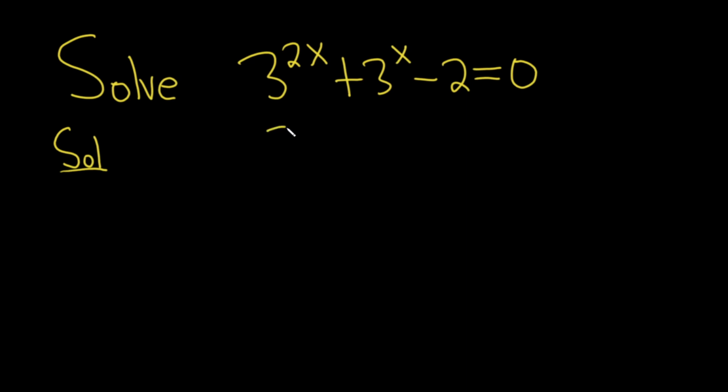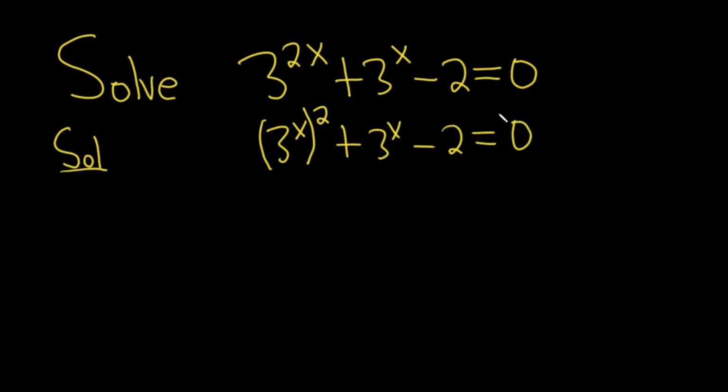In fact, if you wanted to, you could write it as 3 to the x, squared, right? That's because properties of exponents say that 2 times x is 2x, plus 3 to the x minus 2 equals 0. Now you don't really have to make a substitution to do this problem, but let's go ahead and do it just to add a little bit of clarity.